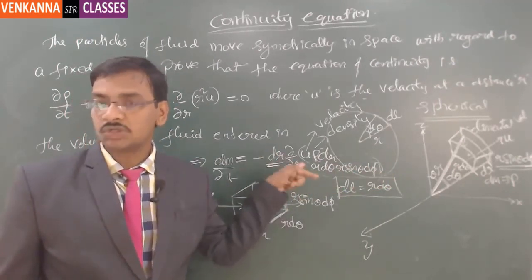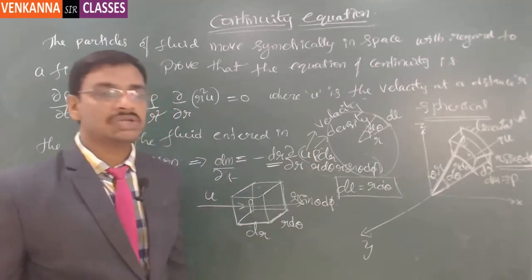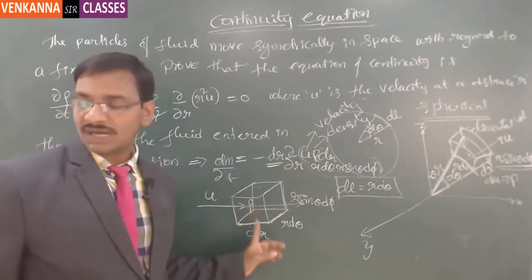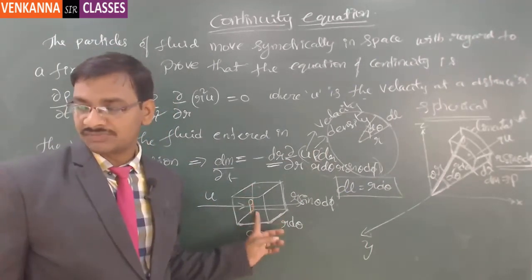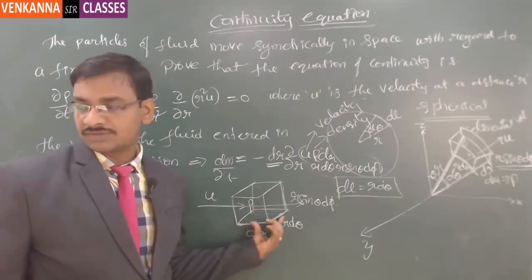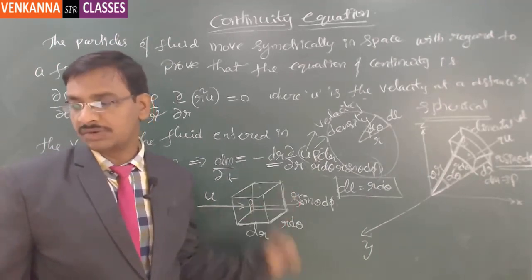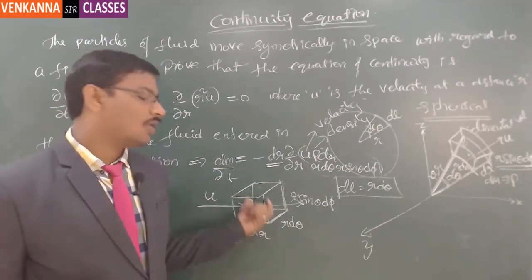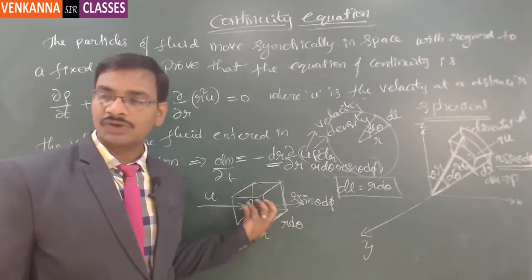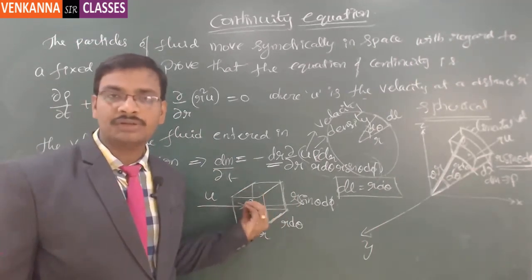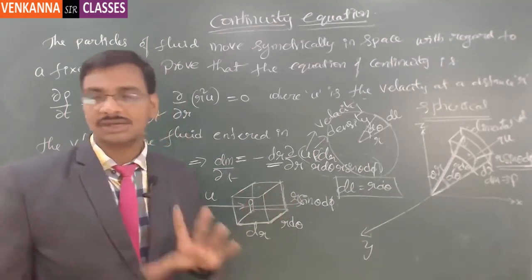Now the same thing should be equal, as per the continuity equation, to the rate of change of mass, that is, the time rate of change of mass is equal to the space rate of change of mass. So that is the continuity equation. Got it? So over a second, if there is a certain fluid accumulated here, the same fluid might have come from all the surfaces. That is the continuity equation.